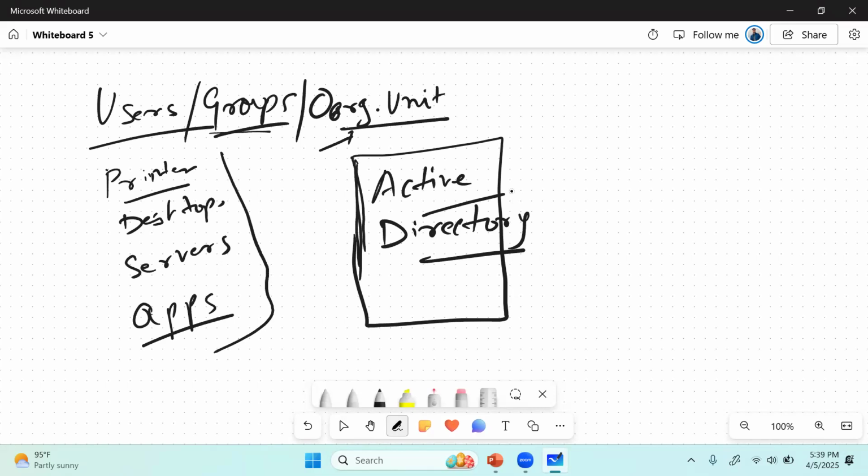It is a logical structure, which means it's not a physical database itself. It just organizes these objects and users, so that if you want to give access to any user, any group, or any organization unit over these resources, you can do it with the help of Active Directory.